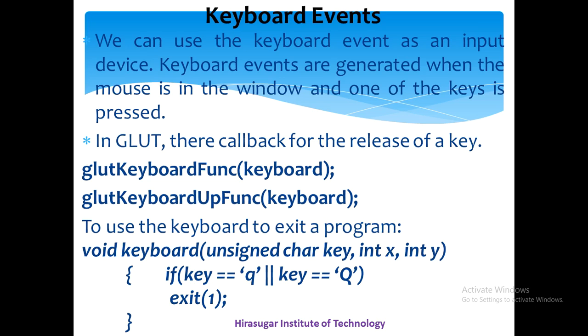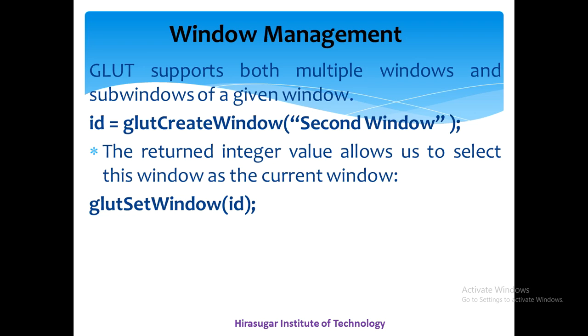If somebody presses any other keys, it will not work, because you are using the keyboard only for key q. Like that you can use any keys, any operation, whatever you want. Like this you can interface the keyboard.